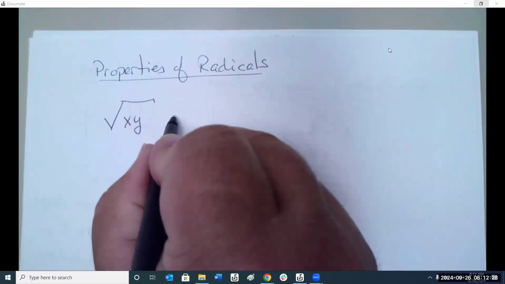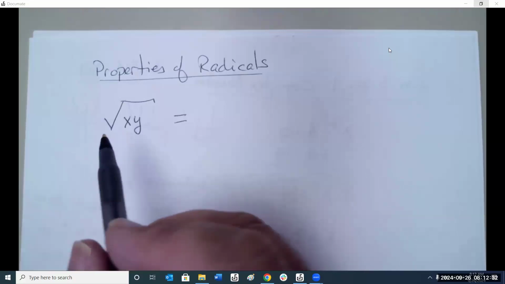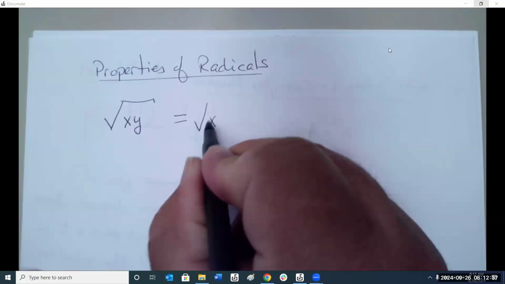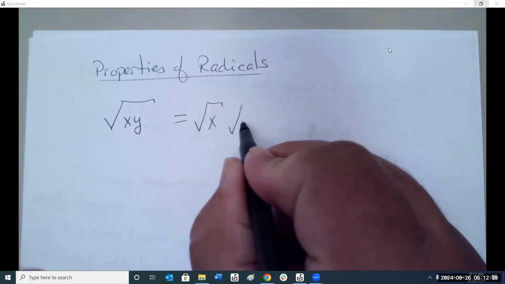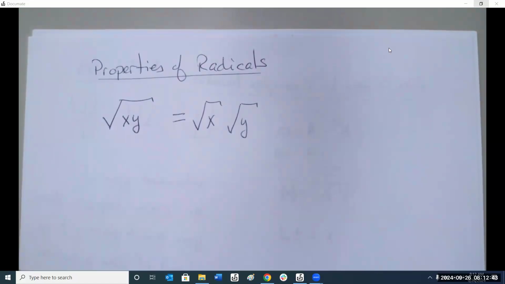If I have a product of two or more numbers or letters or whatever, I can split them up into individual radical components.